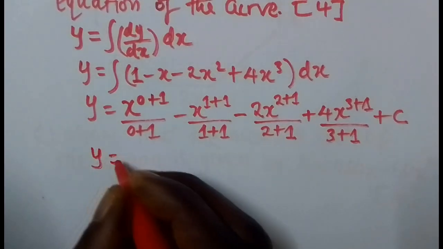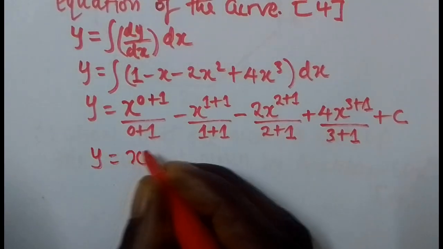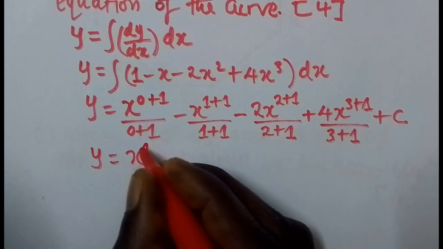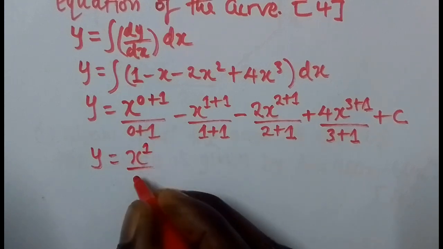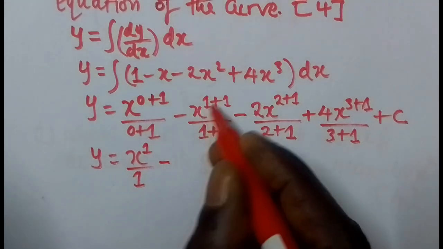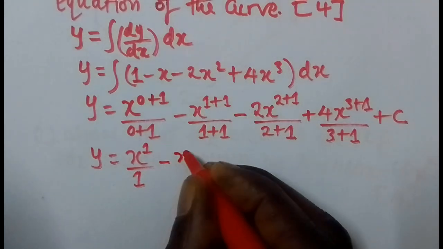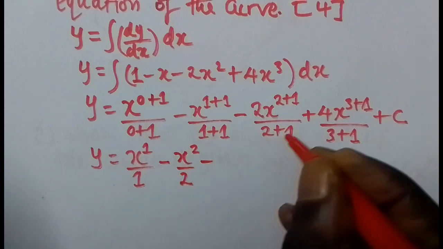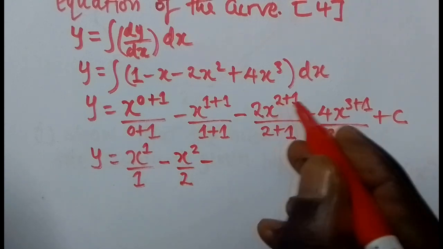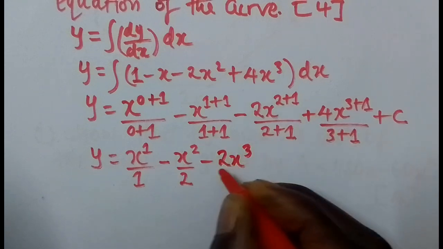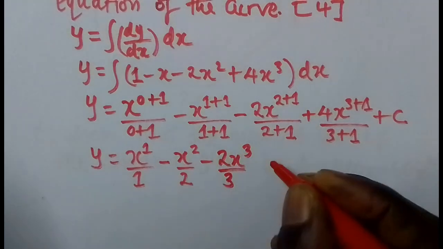Let's add. So this is x to the power 0 plus 1, which is just 1, so here there's x to the power 1 over 1. Then minus, 1 plus 1 here gives us 2, over 2. Minus, 2 plus 1 is 3, so we get a 3, then here also over 3.